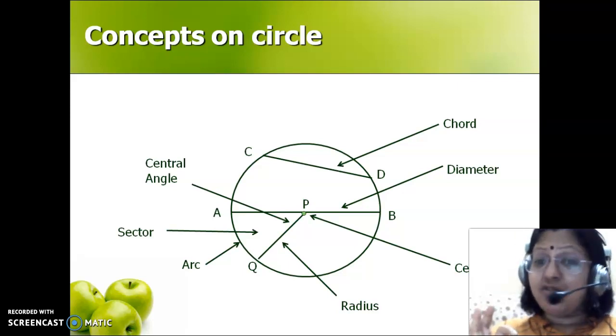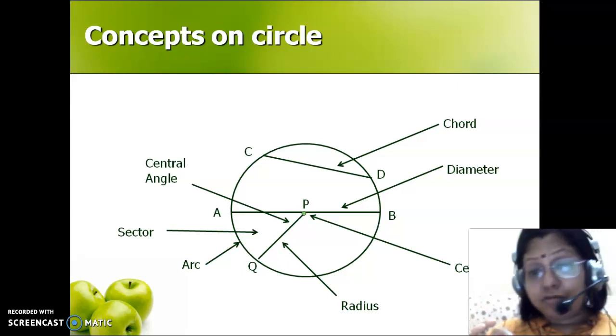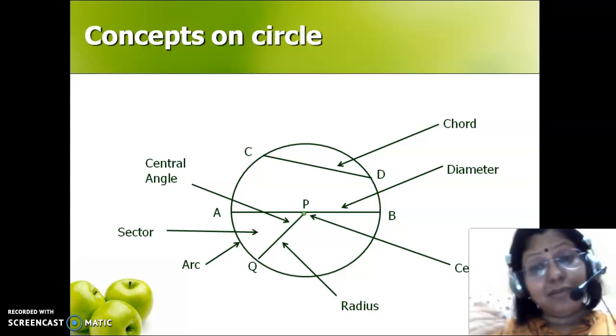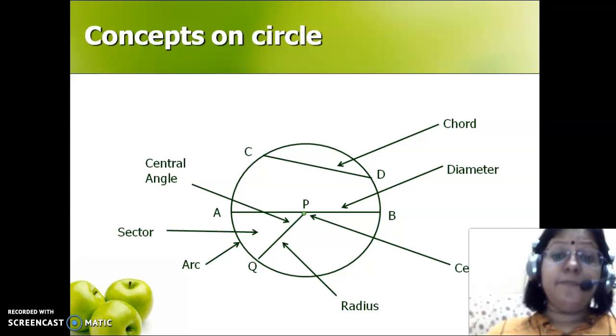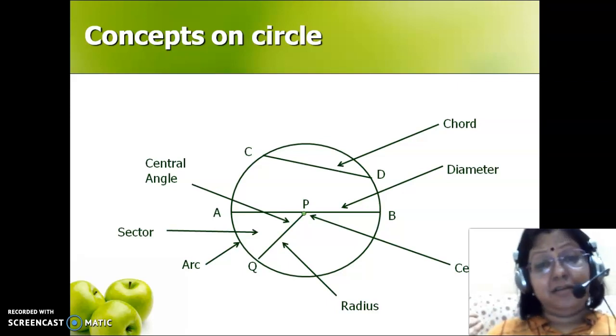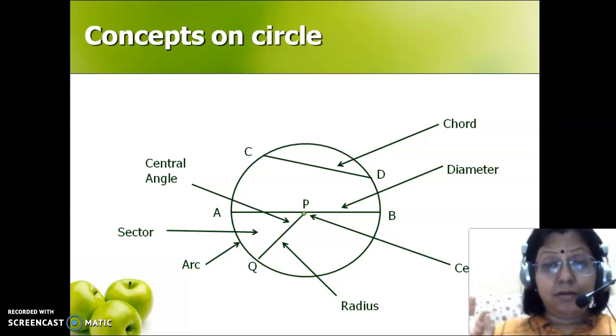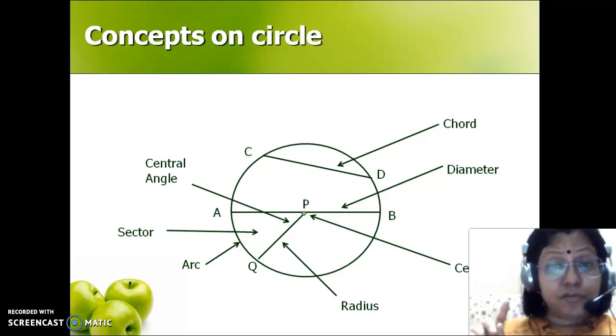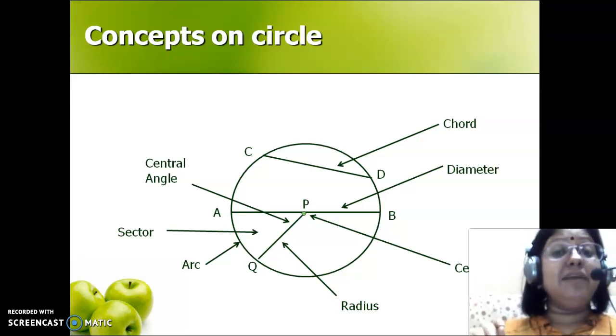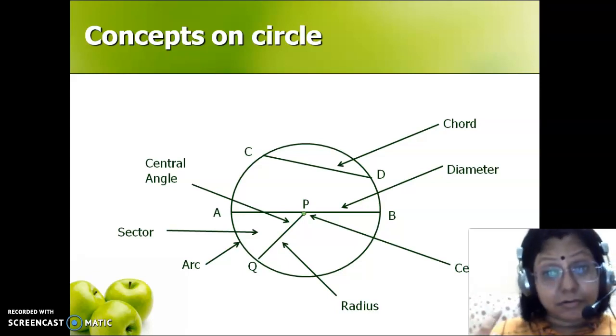Now my AB is also a chord, and also it is known as diameter. Why is it known as diameter? Because it passes through the center. And why is it a chord? Because it joins 2 points. But very important thing here, you all should know that diameter is the largest chord of a circle.